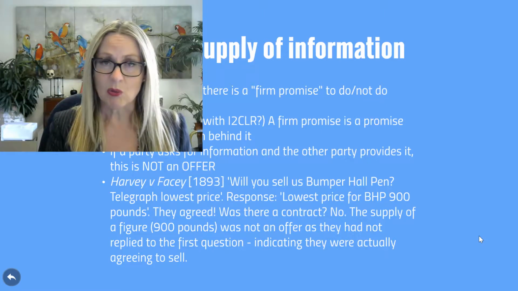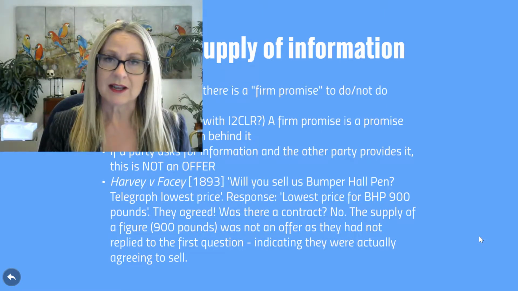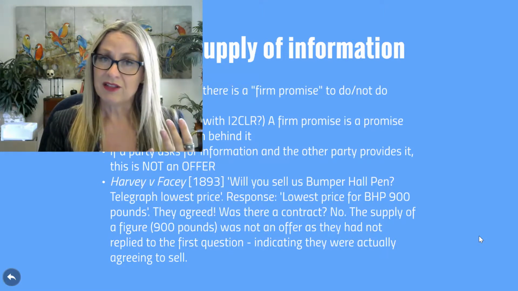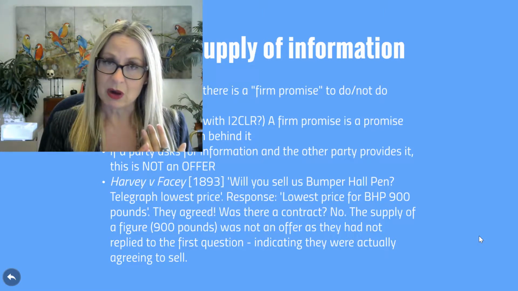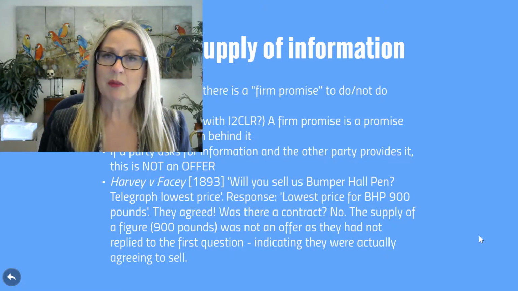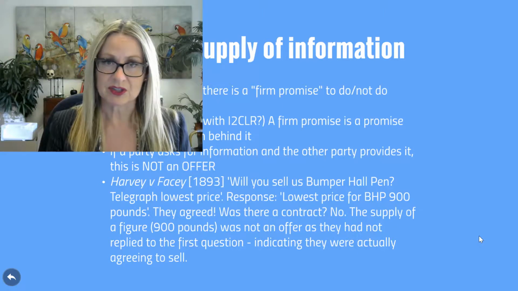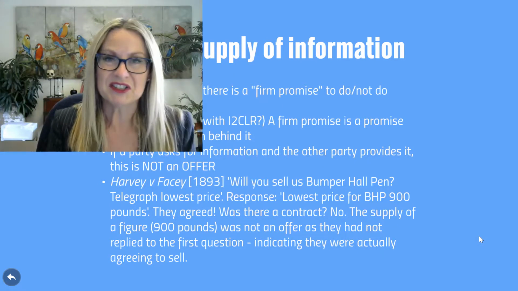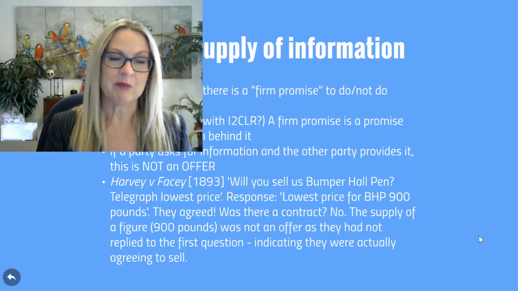Will you sell us Bumper Hall Pen? What's your lowest price? The response, interestingly, was nothing in relation to the first inquiry about whether they were prepared to sell, and lowest price for Bumper Hall Pen, £900. And then the purported purchaser jumped in and said, yes, please, we agree to buy for that price.